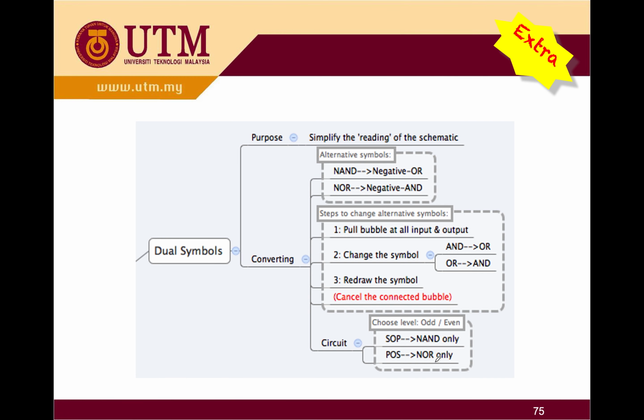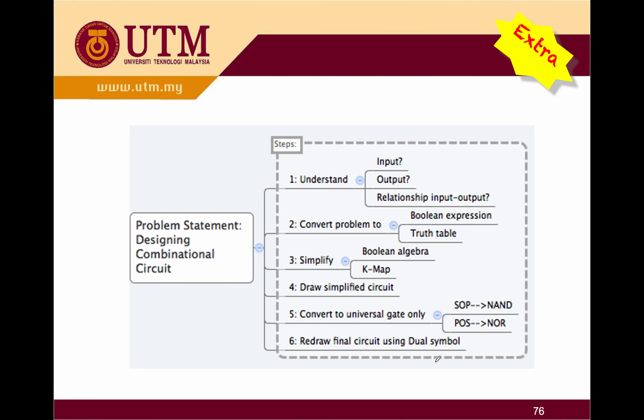There are also dual symbols. You can see the purpose and converting, which is to simplify the reading of the schematic. And there you can see the SOP and POS. Normally you already used it from your module 4. And this is the problem statement, designing combinational circuit. You have learned a 6 step process.